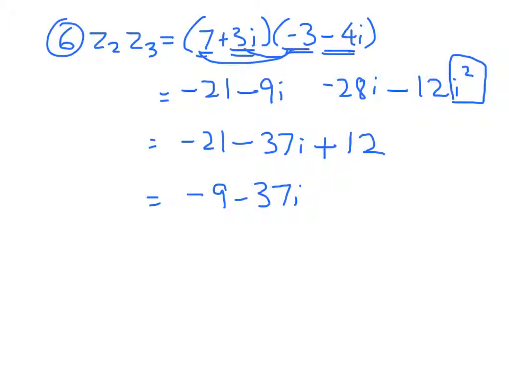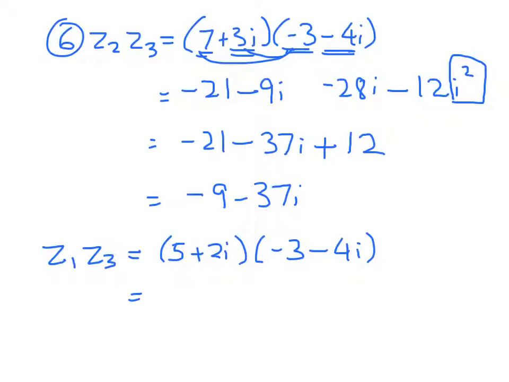Okay, I'll just put in one more multiplication for you to try. Let's multiply Z1 times Z3. So that would be 5 plus 2i times negative 3 minus 4i. Right, so have a go at that one now. And here comes the answer.